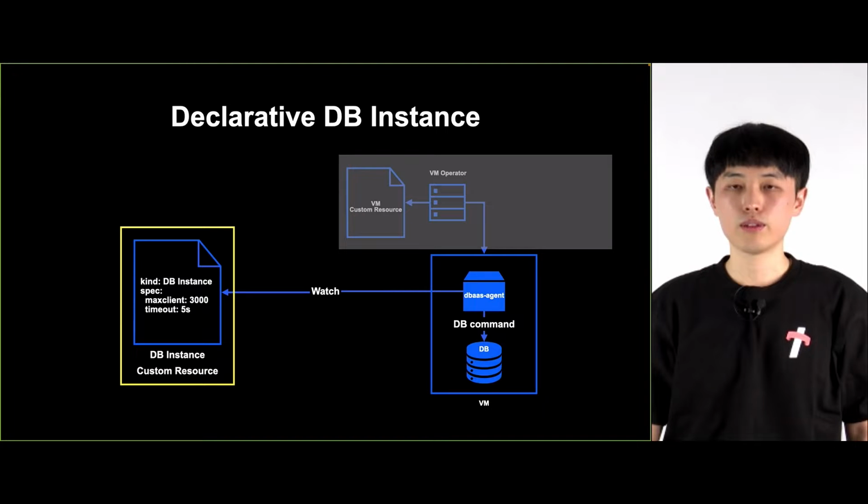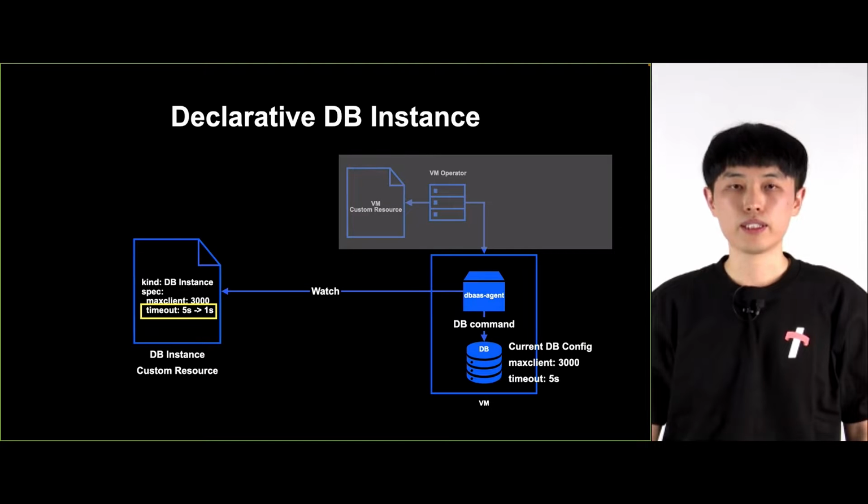And so for VM CR, each node has a VM instance, and there's the custom resources, and it contains the DB instance setting. And the DB agent will observe the custom resource and try to reflect that in the local DB. And the DBaaS agent process is activated and is guaranteed by the VM operator, as I mentioned.